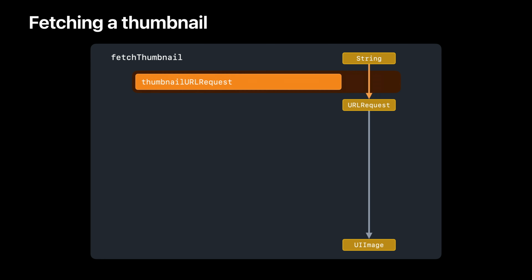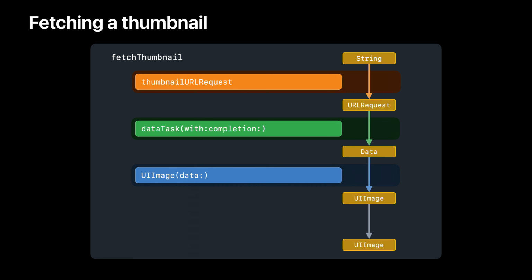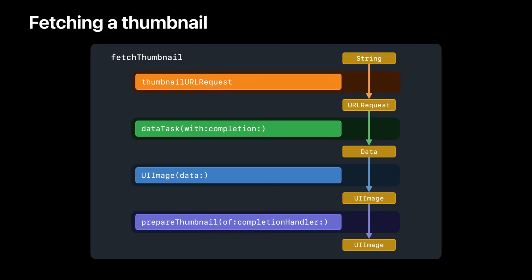First, the view model's thumbnailURLRequest method creates a URL request from the string. Next, URLSession's dataTask method gets the data for that request. Then UIImage init with data creates an image from that data, and finally, UIImage's prepareThumbnail method renders a thumbnail from the original image.